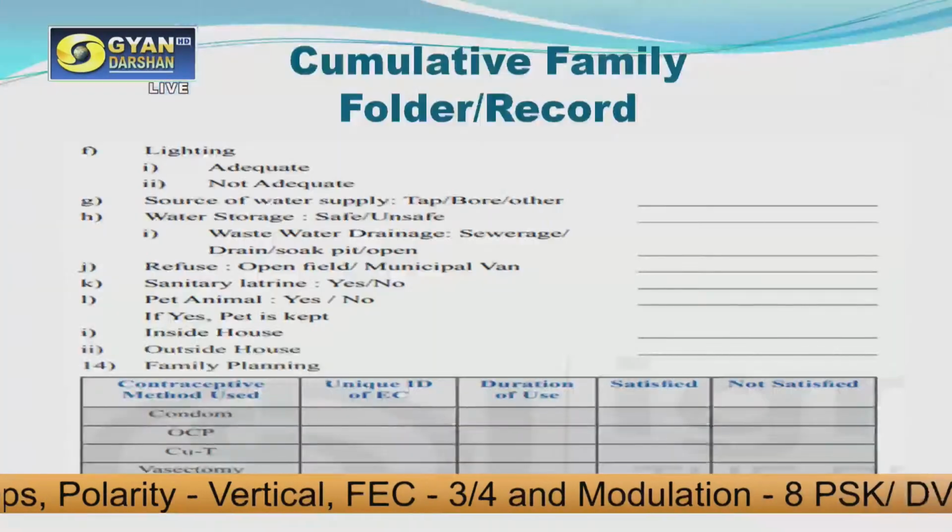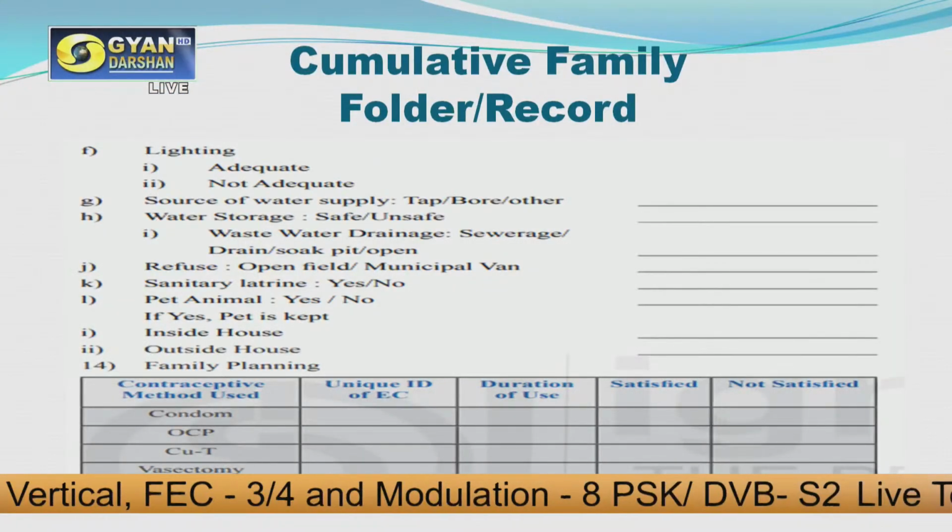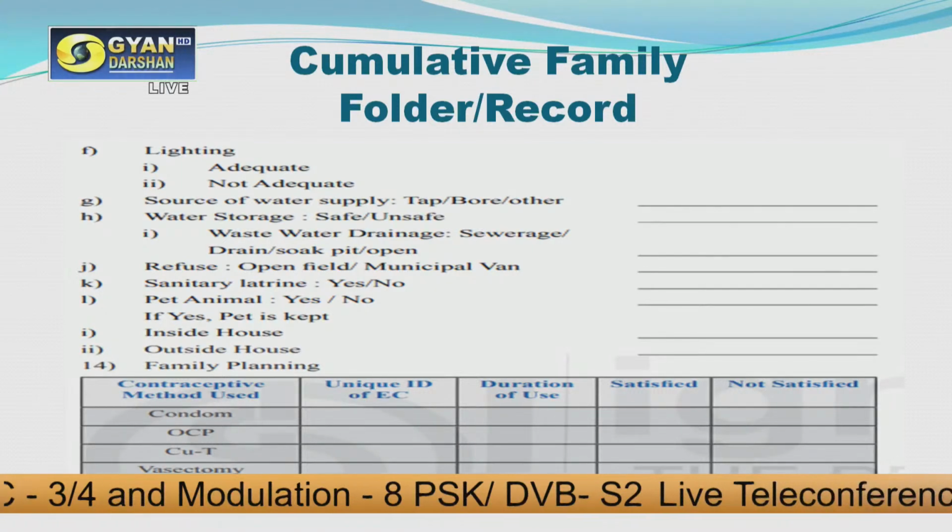You can also ask about the ventilation. You can even observe some of these things, whether ventilation is adequate or not adequate, and lighting: if you are going in the daytime, you can make out whether sunlight is coming in properly or adequately or not.